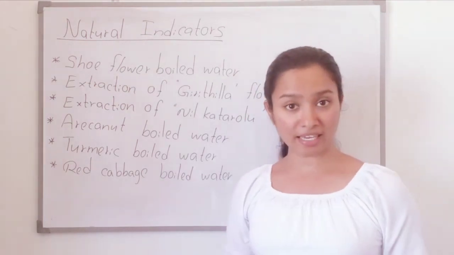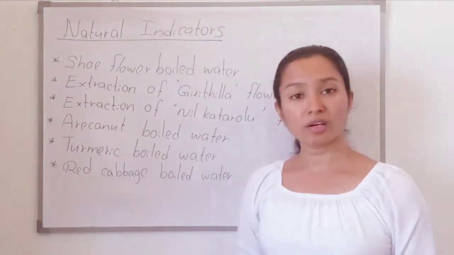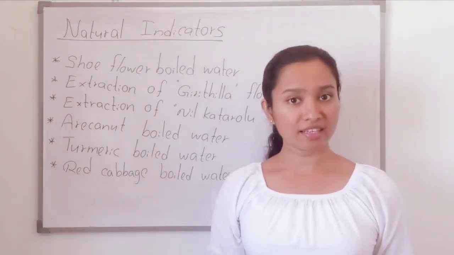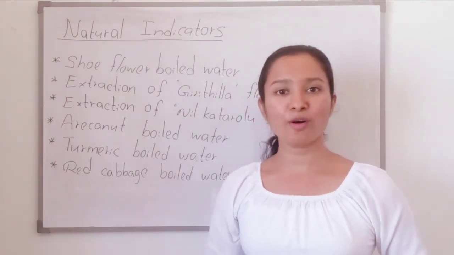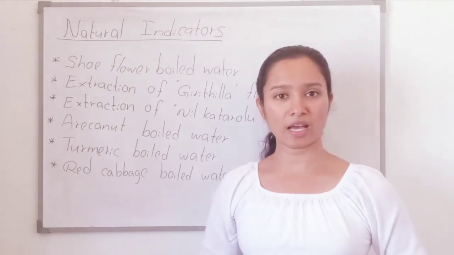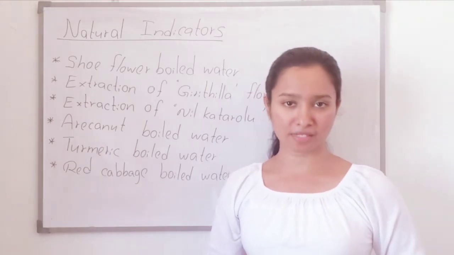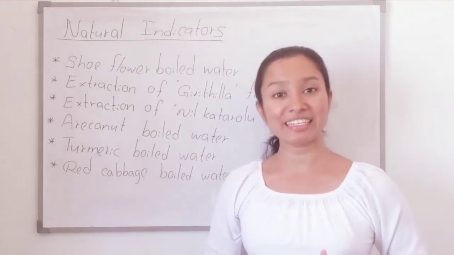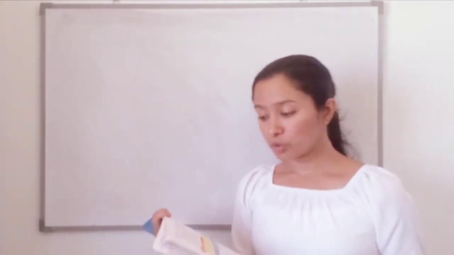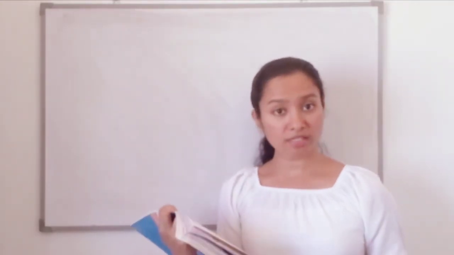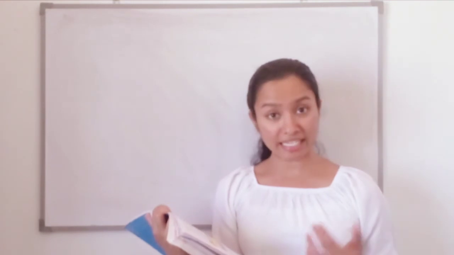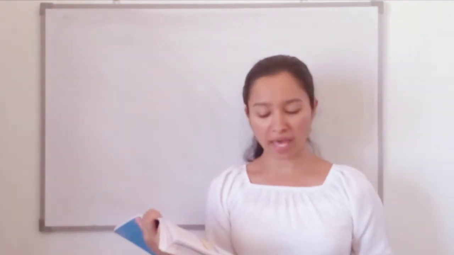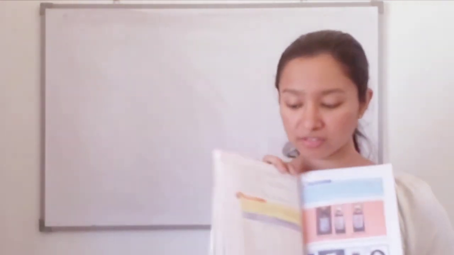Those indicators give one color for acids and another color for bases. So you can identify acids, bases and neutral substances by using these indicators. You can prepare these natural indicators at home, and you can do activity 5.3.